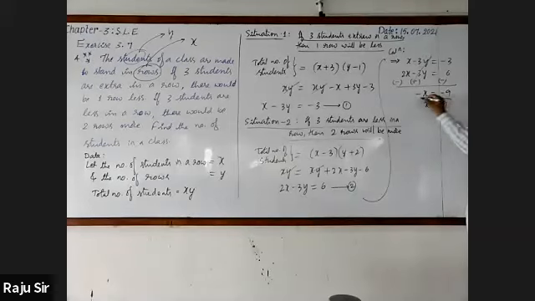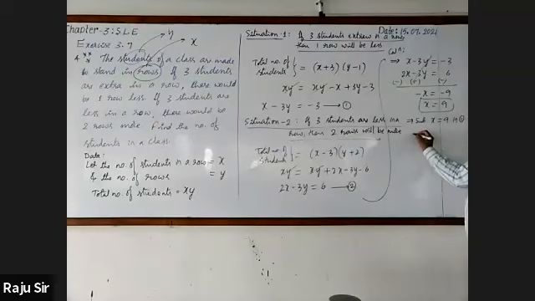X equal to 9. Then substitute x equal to 9 in any one of the 2 equations. I take the first equation. First equation is 9 minus 3y is equal to minus 3. Minus 3y is equal to minus 12. Then y is equal to 4.